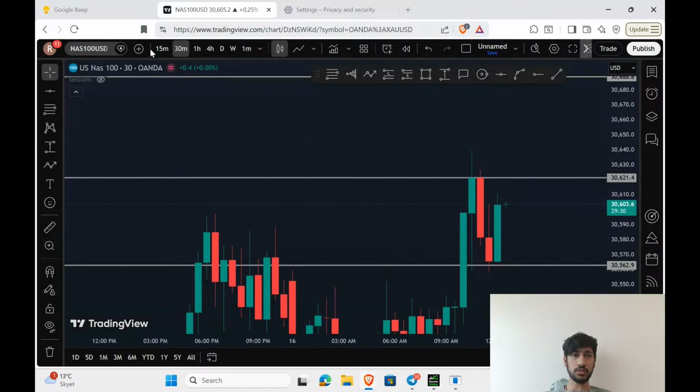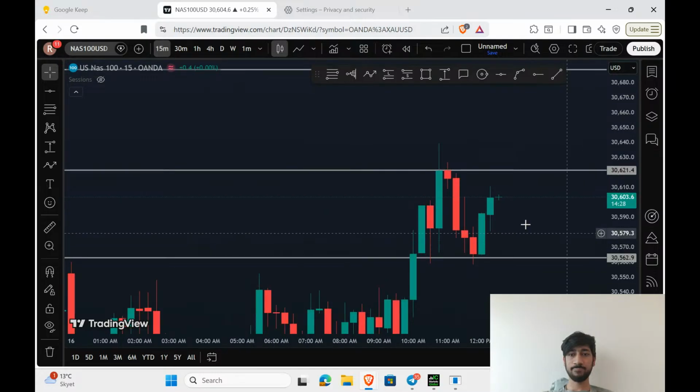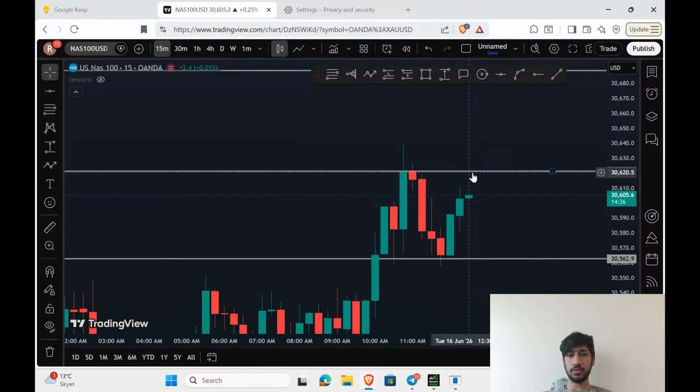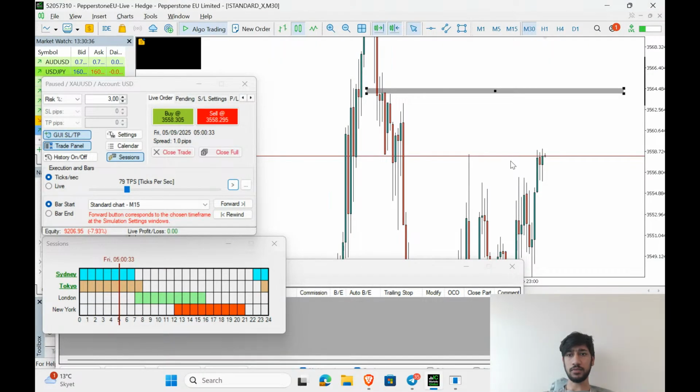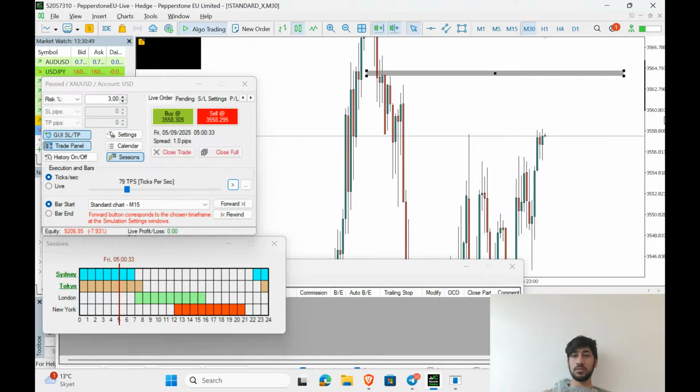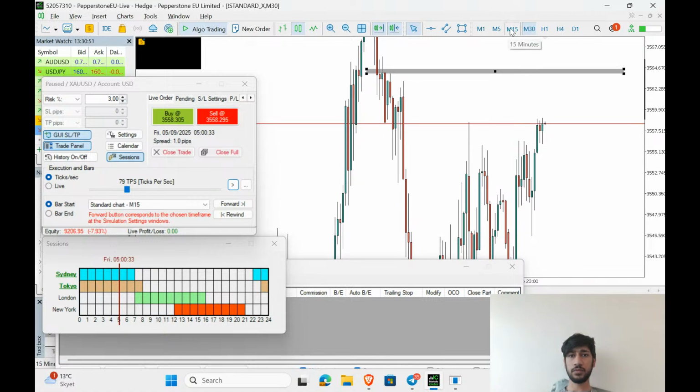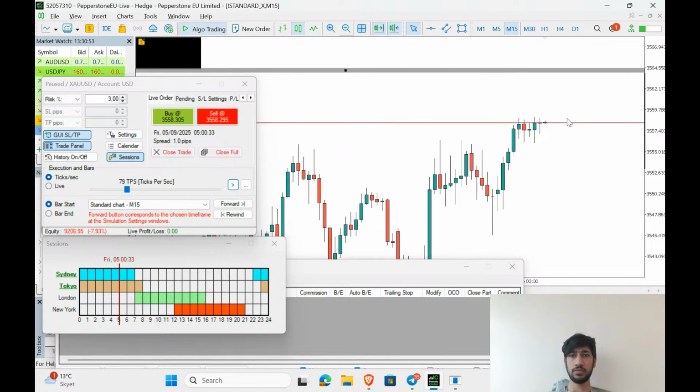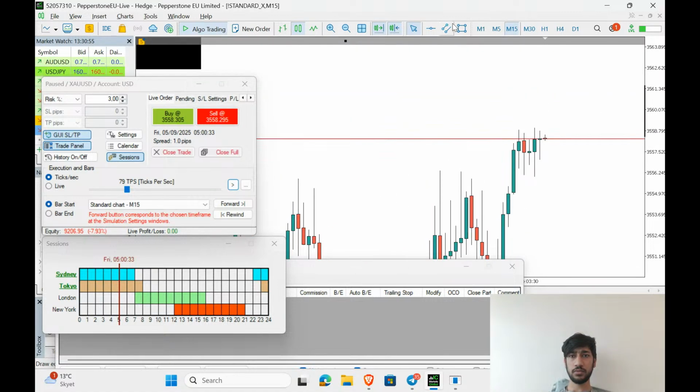We have rejection right over here. So I'm monitoring this trade. If it comes to this point, I will be taking partials and leaving runners. M30 it's up. M15 we are just consolidating.